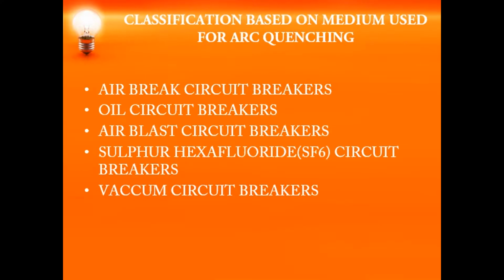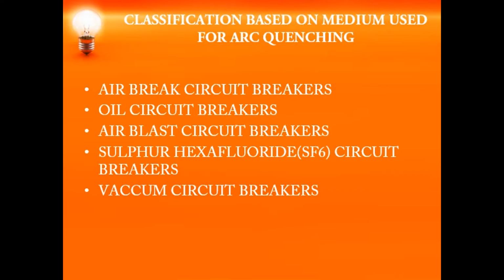Next, the last classification is based on the medium used to quench the arc. We know that when there is a fault, the circuit breaker trips. Tripping is nothing but the moving contact getting separated from the fixed contact, and we have learned that when the contacts get separated, the arc is formed and the arc has to be quenched immediately.